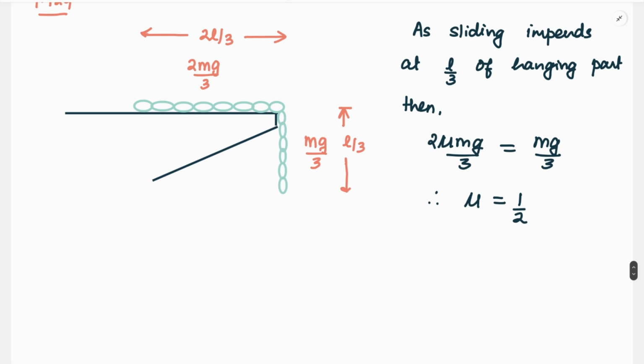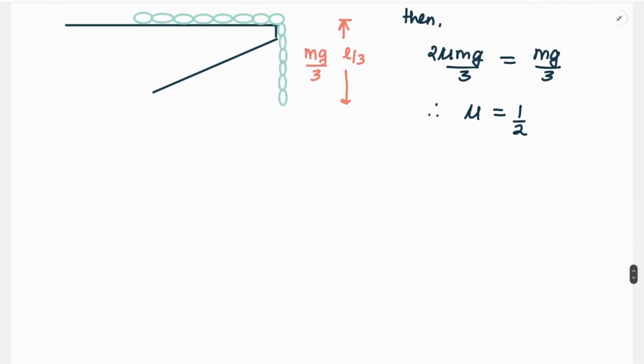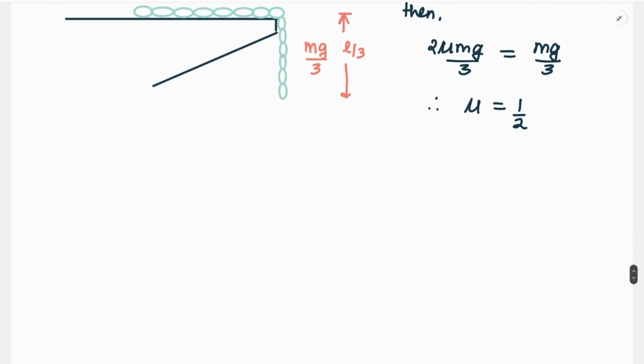Now we need to calculate the total work performed by the frictional forces acting on the chain by the moment it slides completely off the table. To start this part, we again construct this edge of the table.